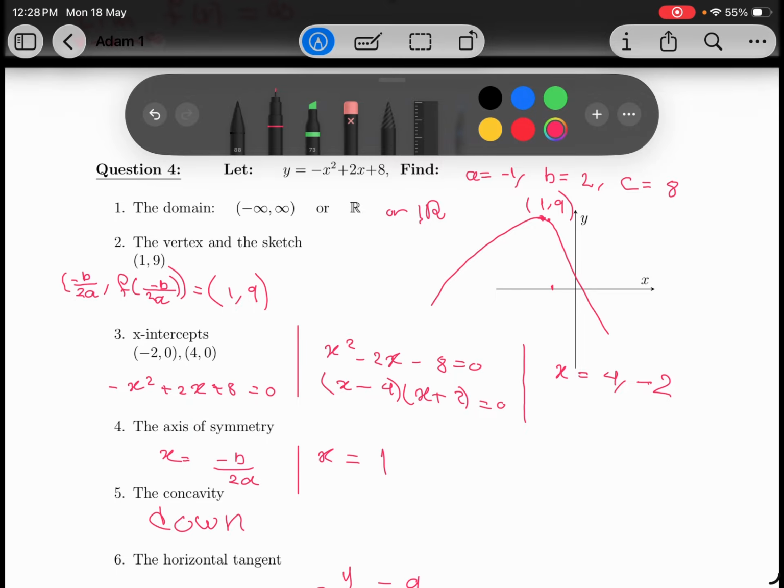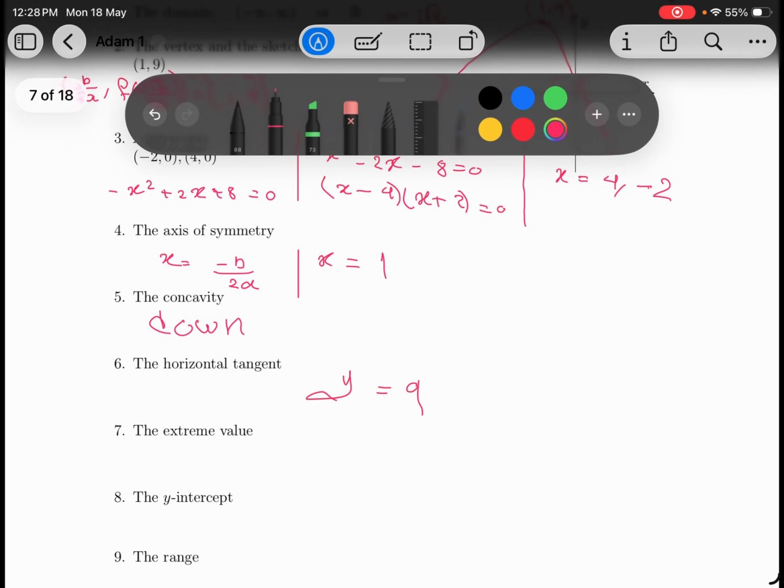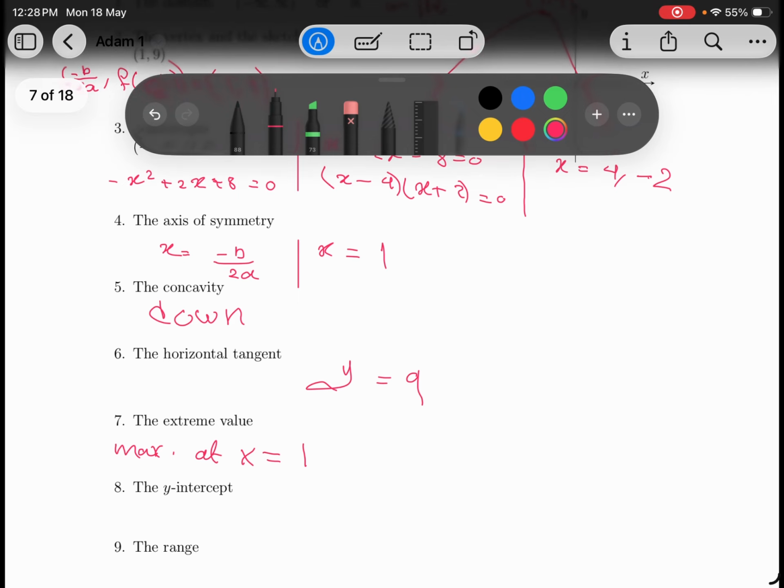The maximum, because we have top, as you see, at x equals 1, so I will write it like that. The maximum occurs at x equals 1 and equals what? Equal to 9.